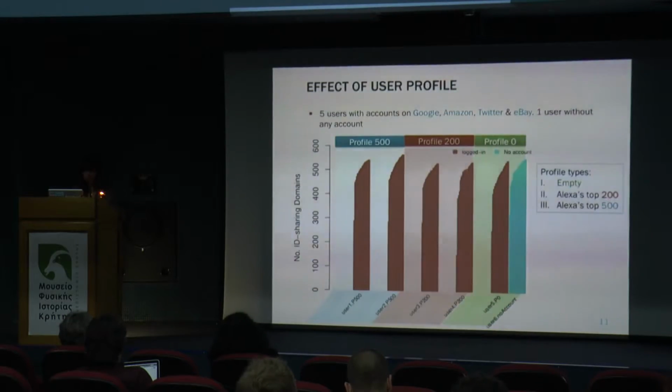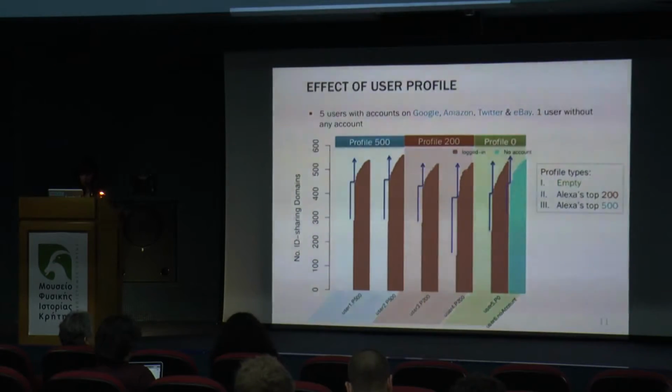So here you are looking at the accumulated number of user ID sharing domains across 10 iterations and for each user. Our first observation was that there is a considerable jump between the first iteration and the second iteration in terms of the number of ID sharing domains.